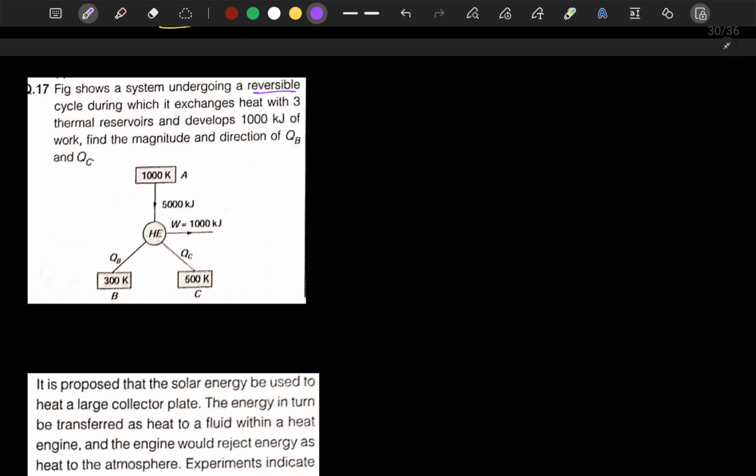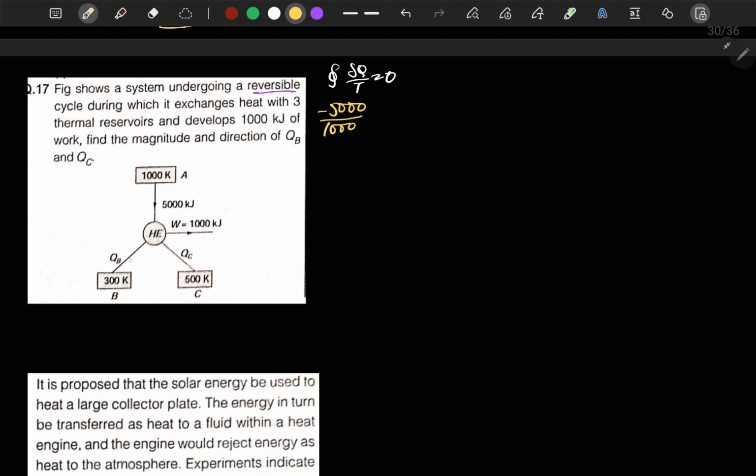First of all, in such questions we have to use Clausius inequality. It is mentioned that this is a reversible system, so we can say that the integral of del Q by T is equal to 0. So we will apply it here. Let's say that this 5000 kilojoule is rejected from the system, so we can write it as minus 5000 by 1000.